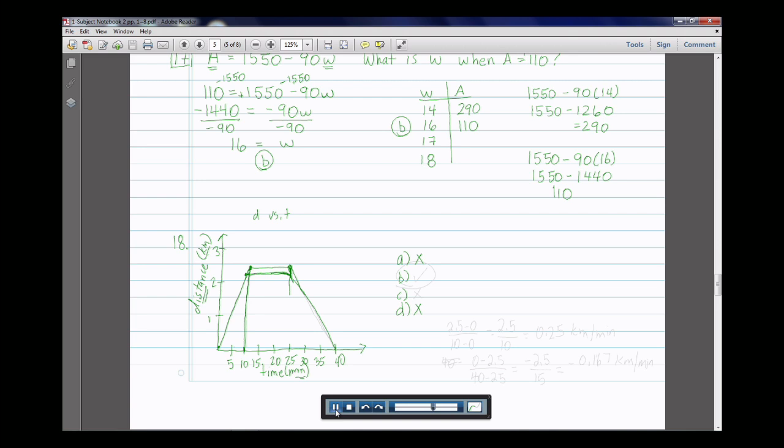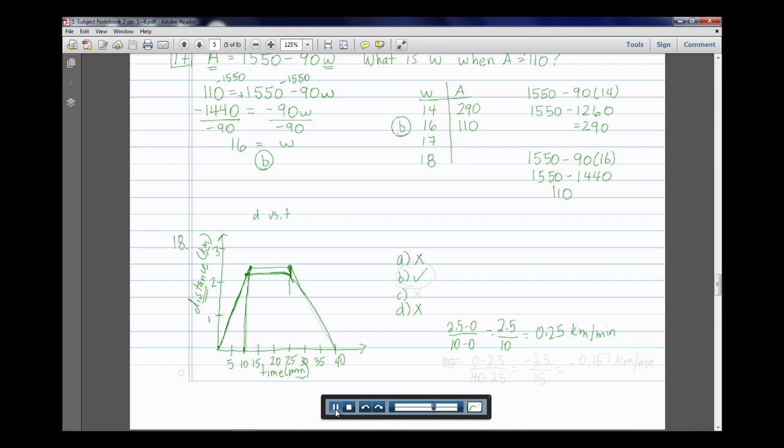To do that, you would need to basically find the slope of this line, so you'd take your 2.5 kilometers minus 0 kilometers, because that's where they started, over 10 minutes minus 0, which is the same as 2.5 over 10, which is 0.25 kilometers per minute. And now, it's looking pretty good for B.